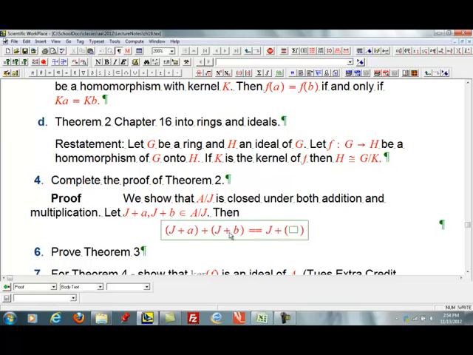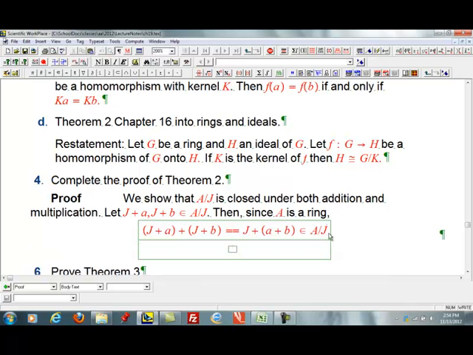J plus a plus b, right? And that has to be in A mod J. Why? Since A is a ring, it's closed under addition. So J plus a plus b is in A mod J. Now tell me about the multiplication. J plus ab.